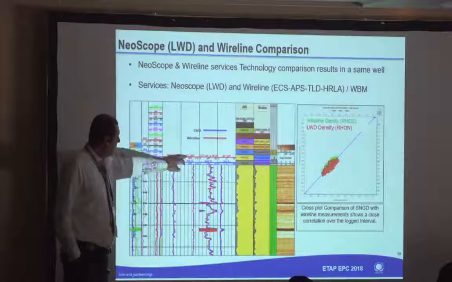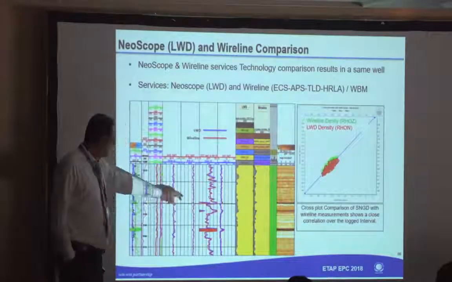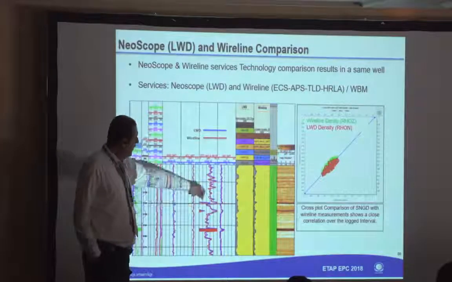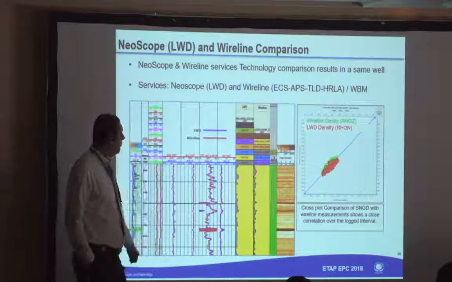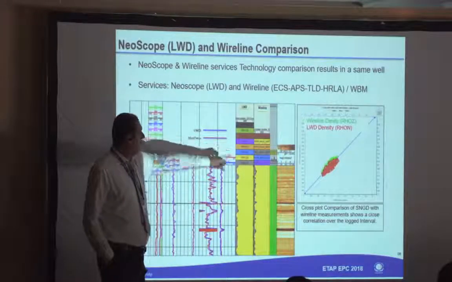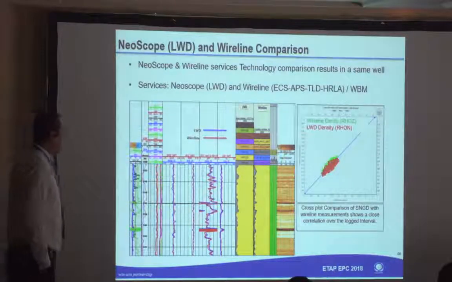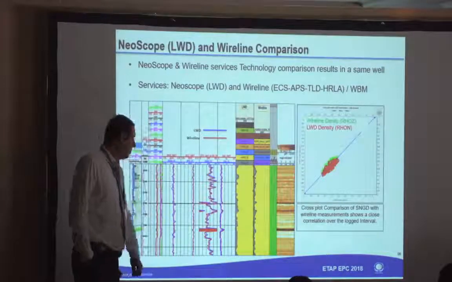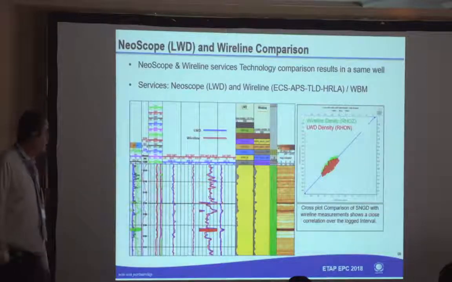In addition, the porosity from wireline and from the tool are also overlaid. This is gamma ray from both, which is also overlaid, and this is sigma. Here we have the spectroscopy mineralogy from the tool, and there we have the spectroscopy mineralogy from wireline, which are reading exactly the same in terms of mineralogy and clay volume, as you can see.